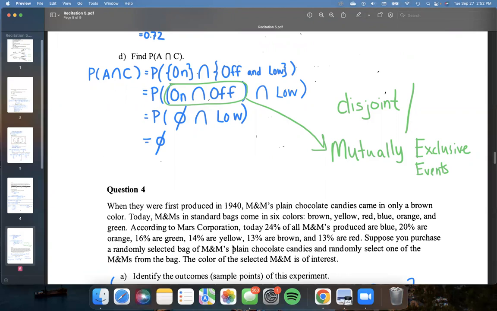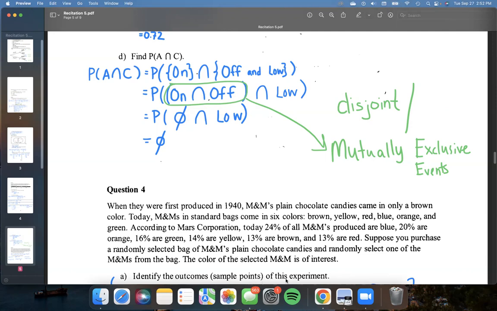Suppose you purchase a randomly selected bag of M&Ms, plain chocolate candies, and randomly select one of the M&Ms from the bag. The color of the selected M&M is of interest. Identify the outcomes sample points of this experiment.